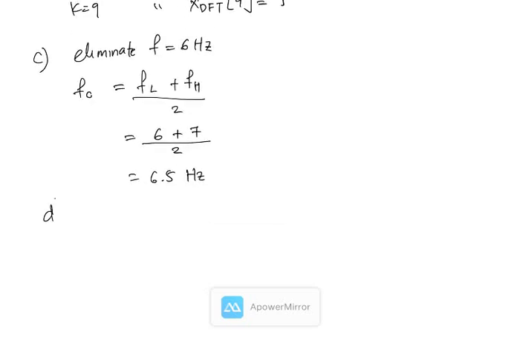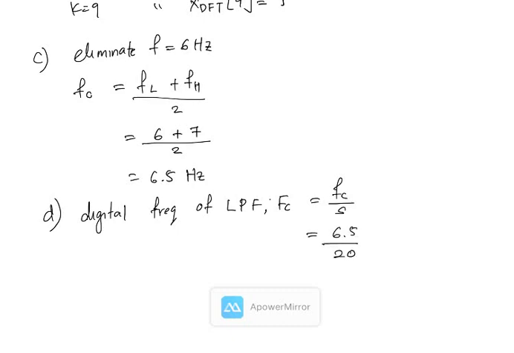And next we want to find the digital frequency. Digital frequency of the low pass filter, Fc, is equal to Fc over Fs, which is 6.5 divided by 20 Hz. This is equal to 0.325 Hz.